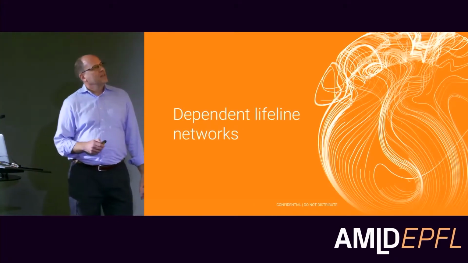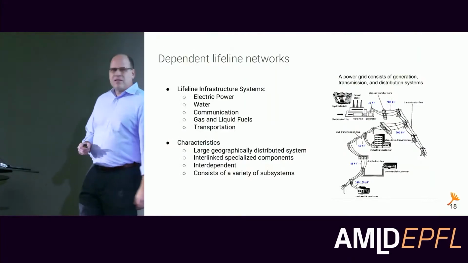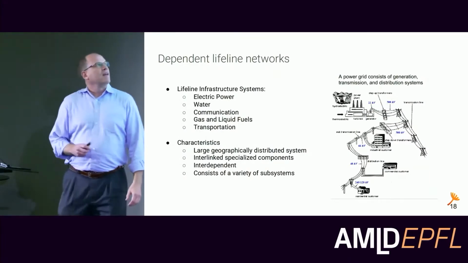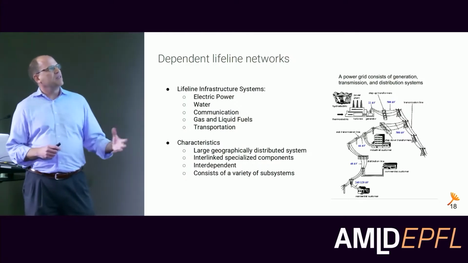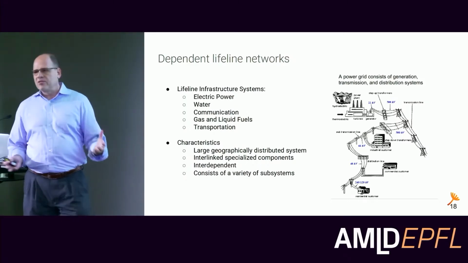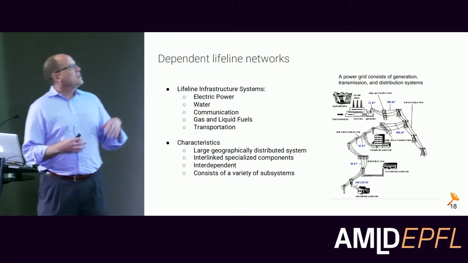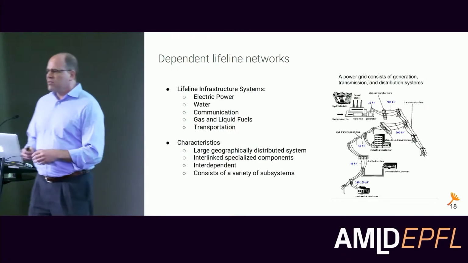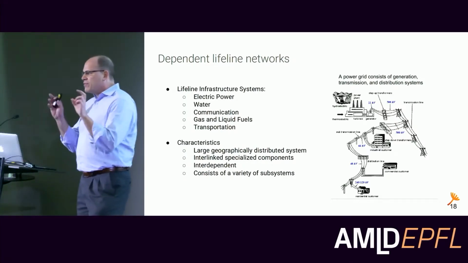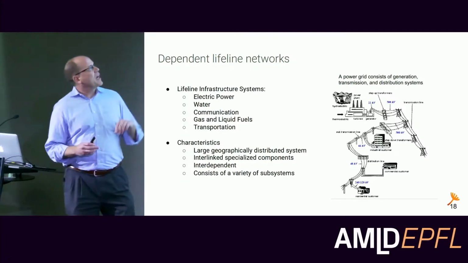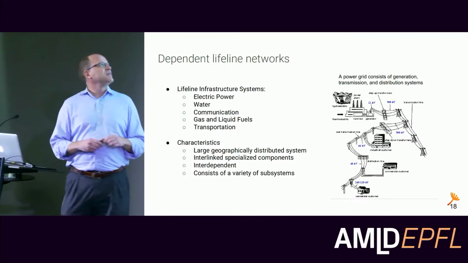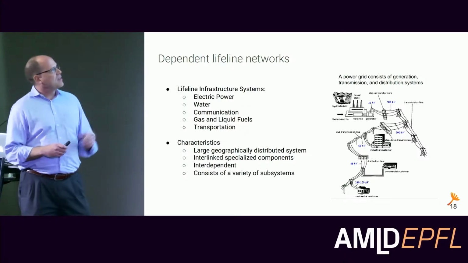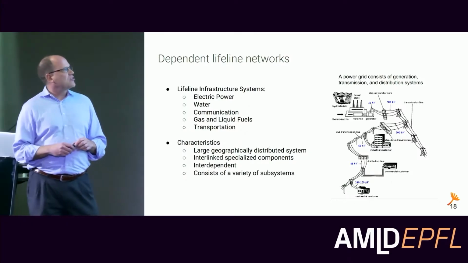So let me now talk about dependent lifeline networks. If we think about what makes a building valuable, or you could also say this about your home, it's the different infrastructure systems that provide lifelines. So obviously power, but also water, telecommunications, gas and liquid fuels, transportation.